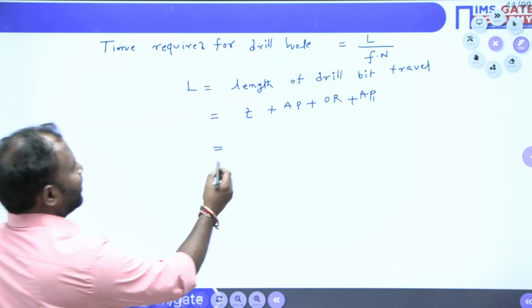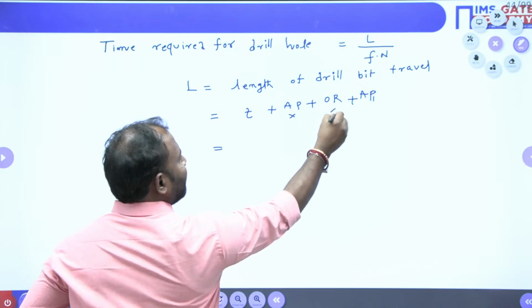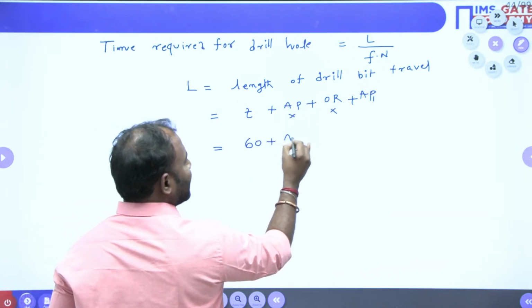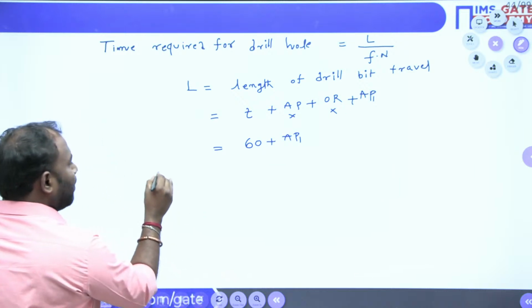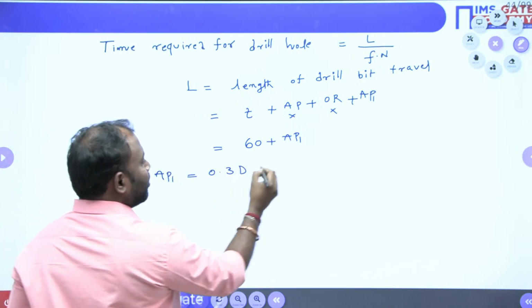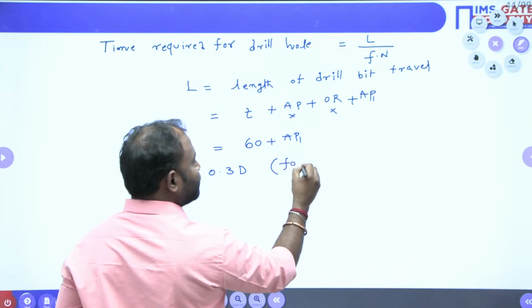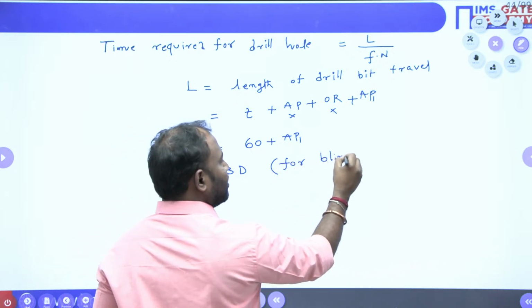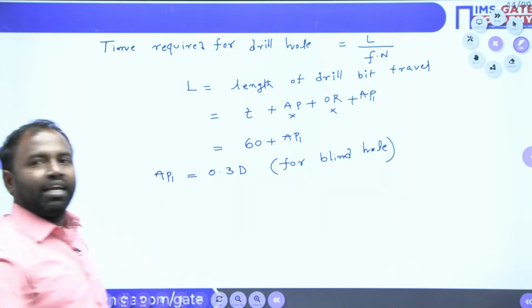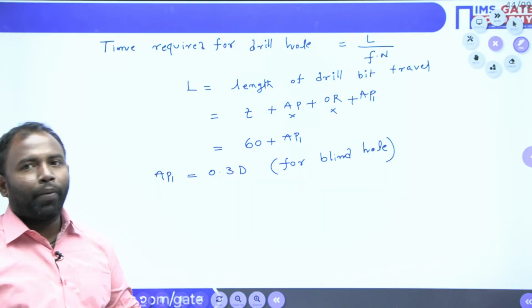Now approach and overrun are not given, but compulsory approach is there. So this is 60 plus compulsory approach. Compulsory approach is 0.3D for a blind hole, and for a through hole it is 0.5D.